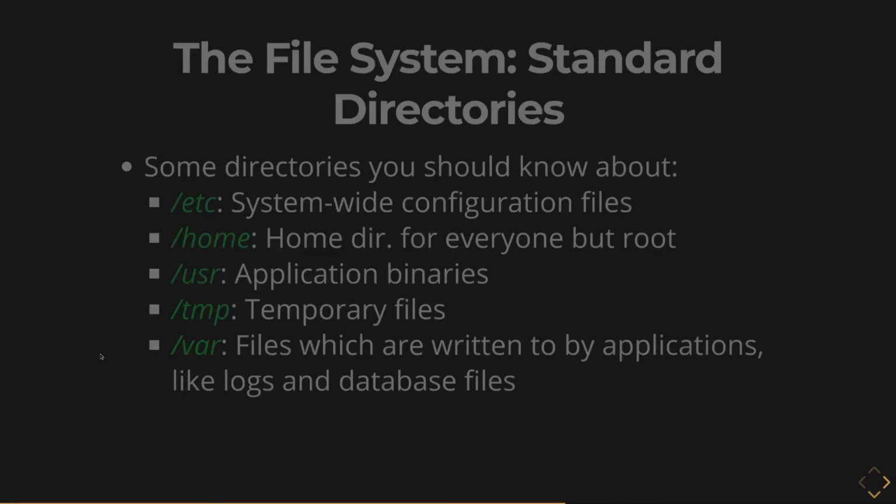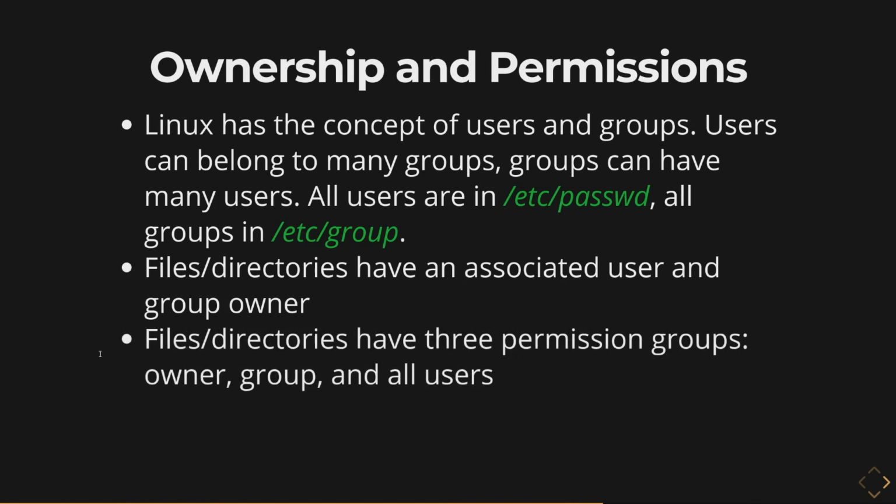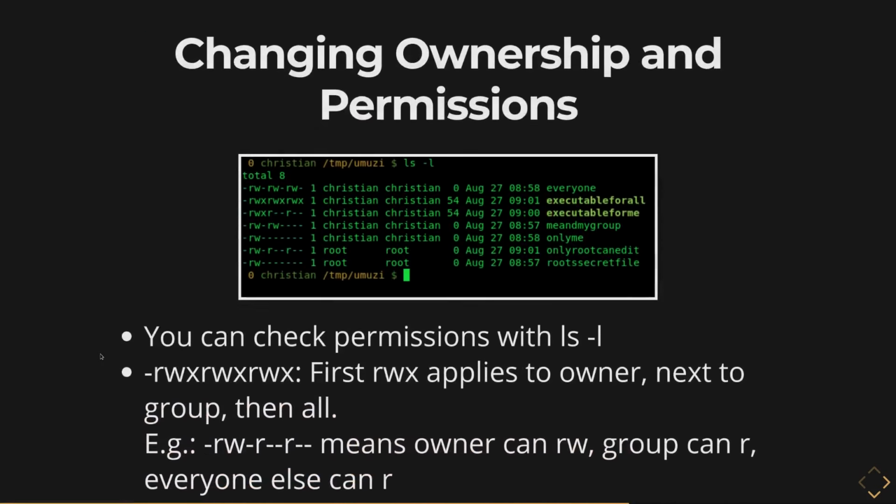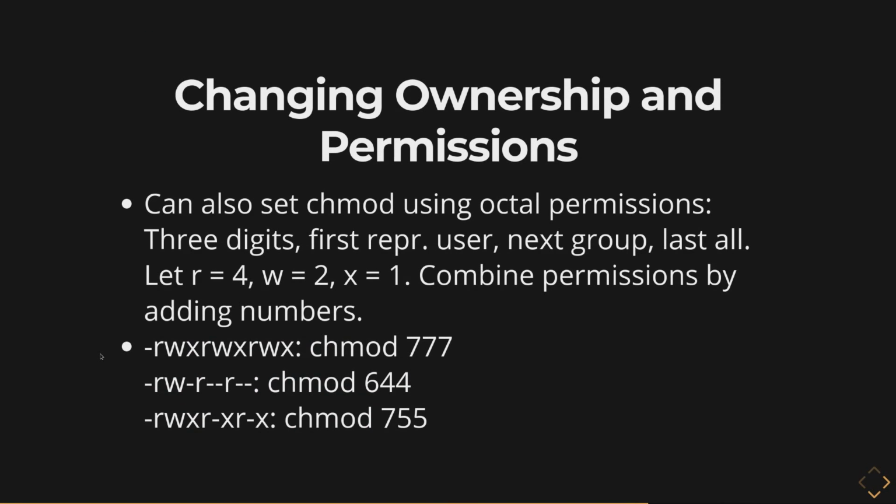The file system, we talked about standard directories and ownership and permissions. And when we left off, we were talking about octal permissions, permissions by numbers. Now, what we talked about yesterday was mainly about permissions on files. We talked about what it means to read a file, to write to a file, and to execute a file. We didn't talk much about executing files, but we said that executing a file is something you can do to a binary application, to a program file, to the equivalent of a .exe file in the Windows world.